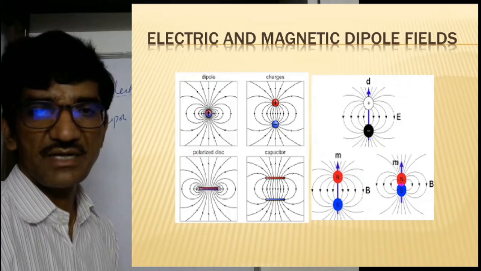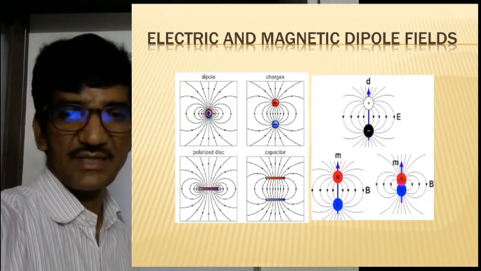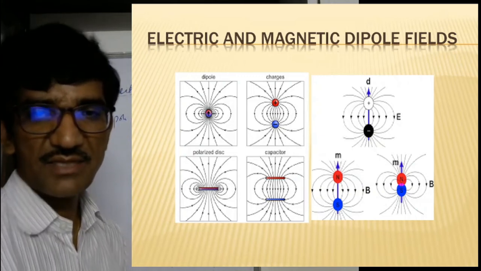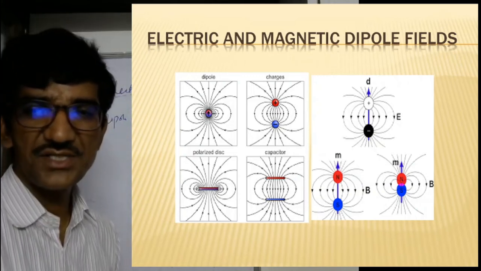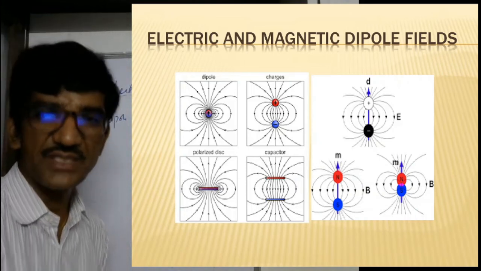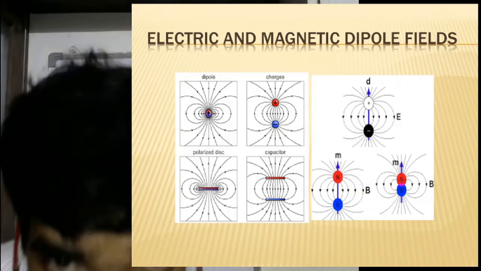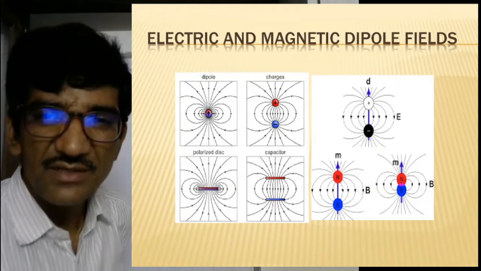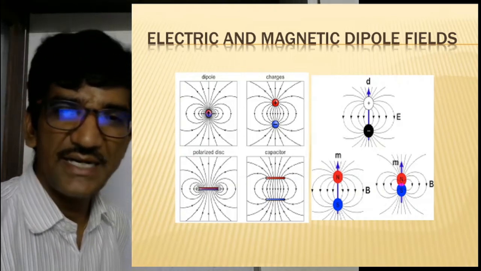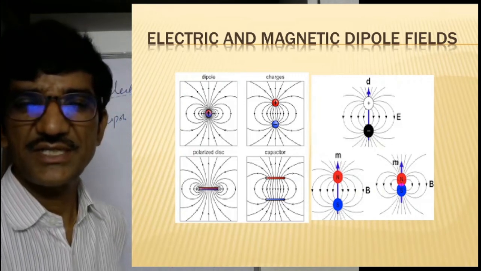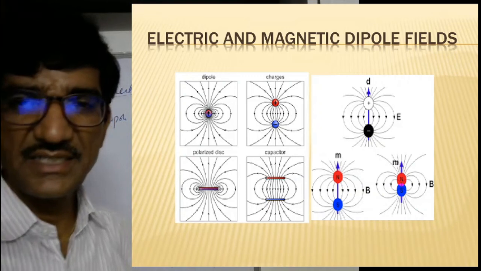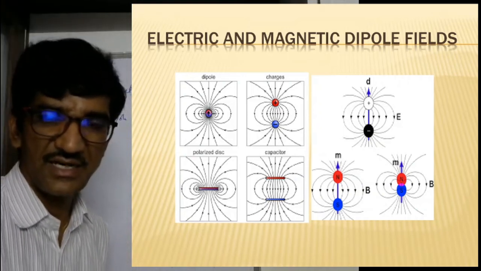But here if you take the middle line, the arrow mark is coming out from the plus charge and the arrow mark is coming towards the negative charge, but in between the two charges, what is happening? The field line is coming out from the positive charge and entering into the negative charge. You are not having the arrow mark in a single direction in that radial line.